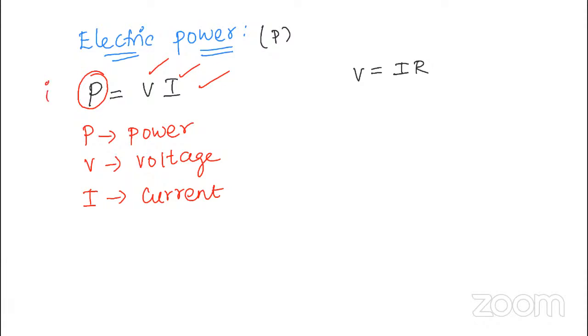This is the first formula. P is equal to V into I. So this is one format.